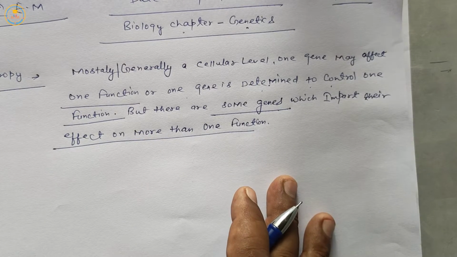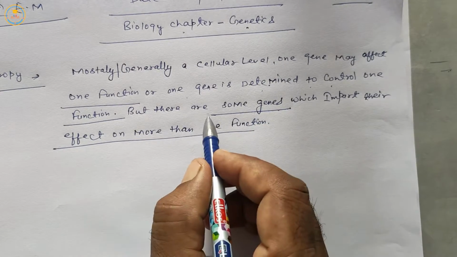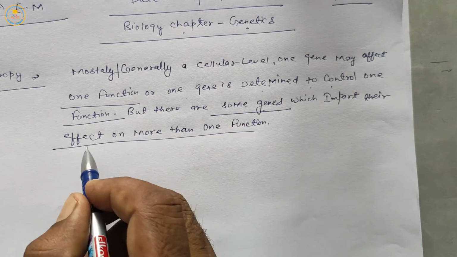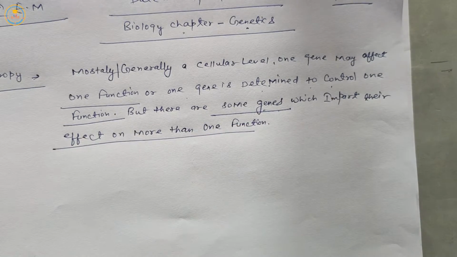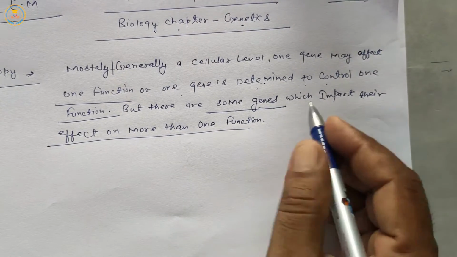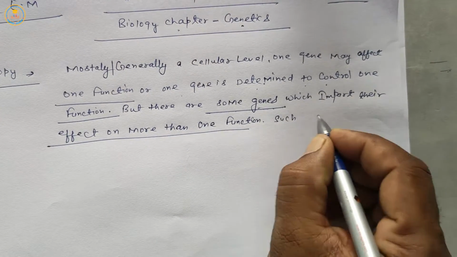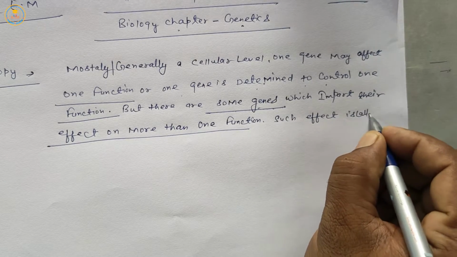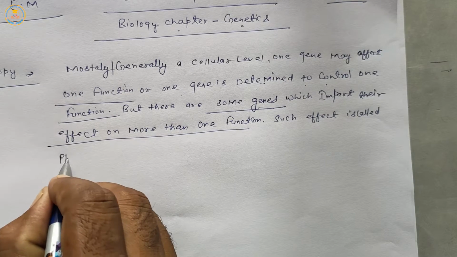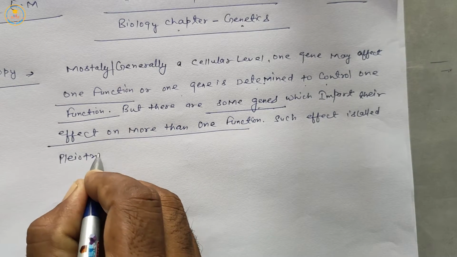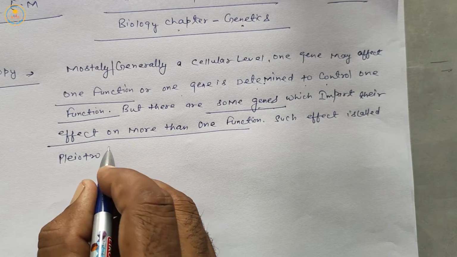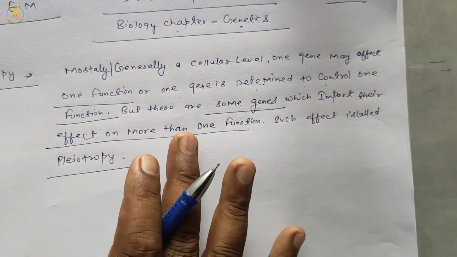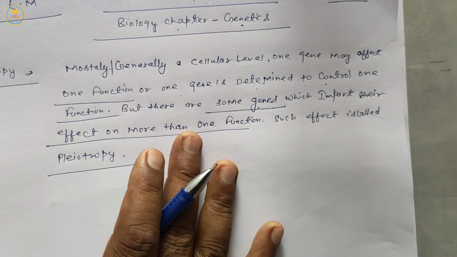Such an effect is called pleiotropy. So this is the definition or simple meaning of pleiotropy.